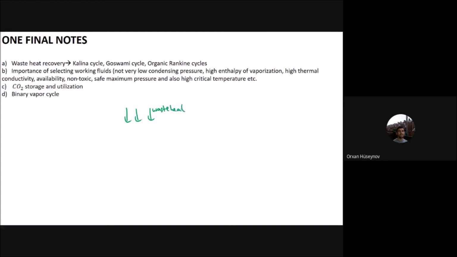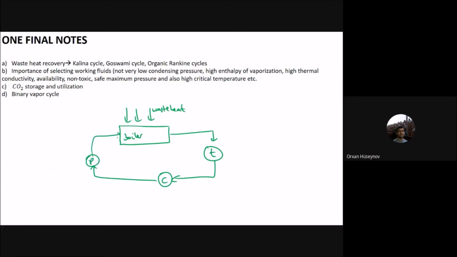What you can do is use this waste heat by placing a boiler here. This is the simplest approach. In this boiler you will have the phase change, then it goes to the turbine, then to the condenser, and from the condenser again the pump and again the boiler. This is the simple configuration for waste heat recovery. But we can use the Kalina cycle, Goswami cycle, and organic Rankine cycles, which are all different cycles that use this waste heat.